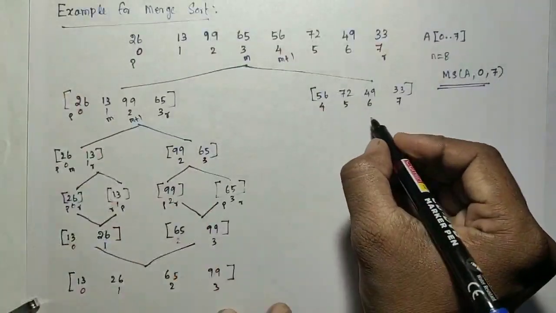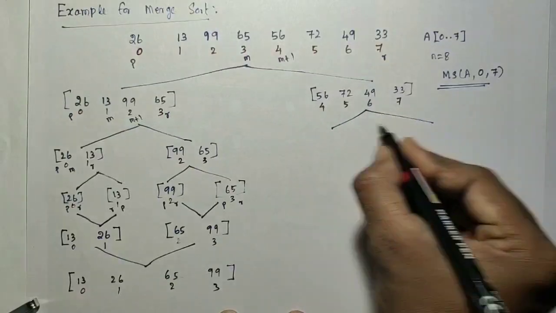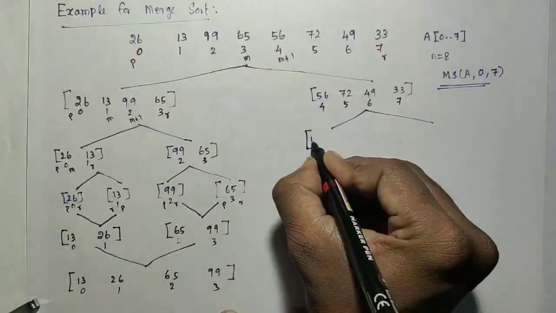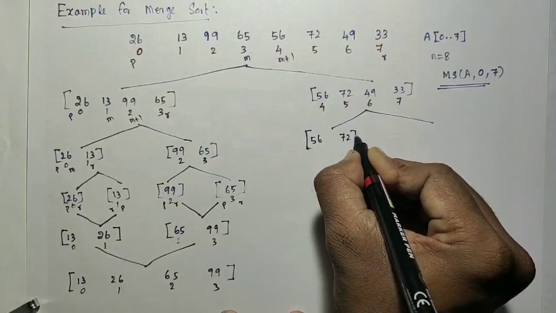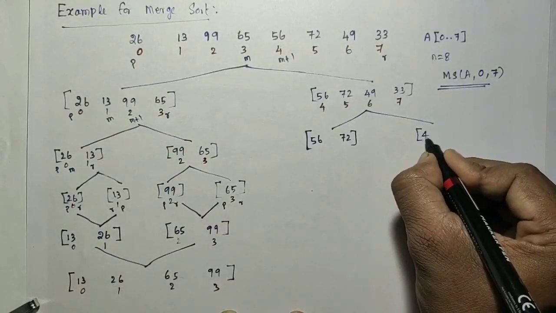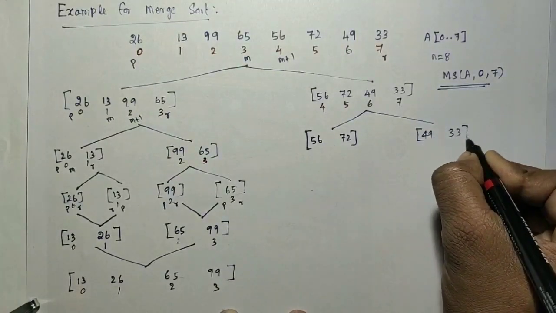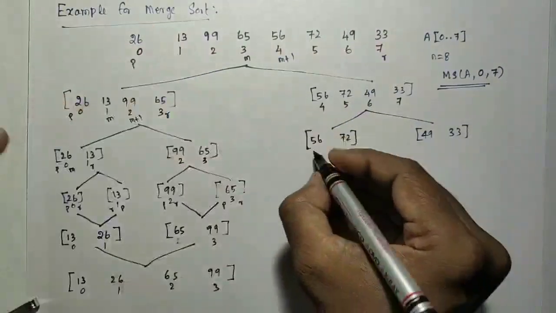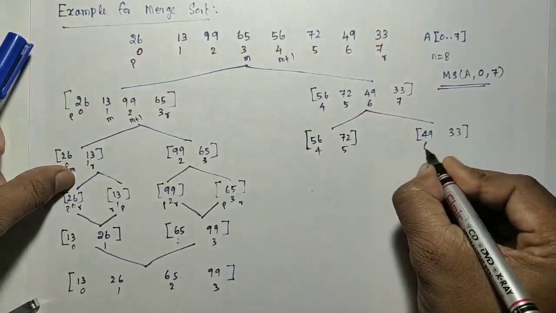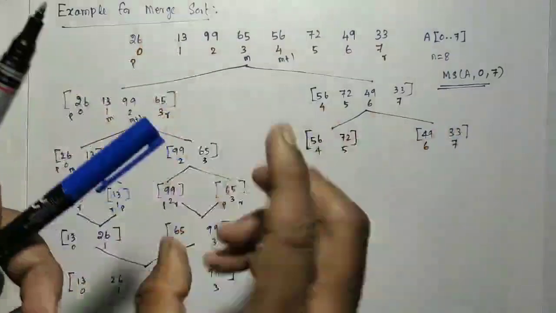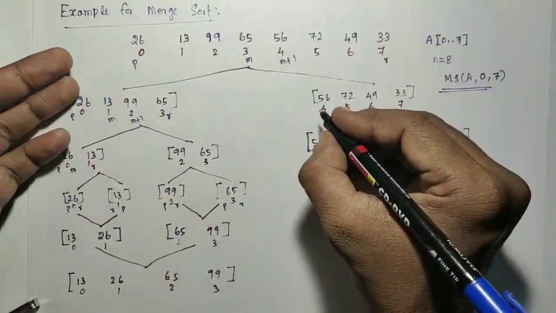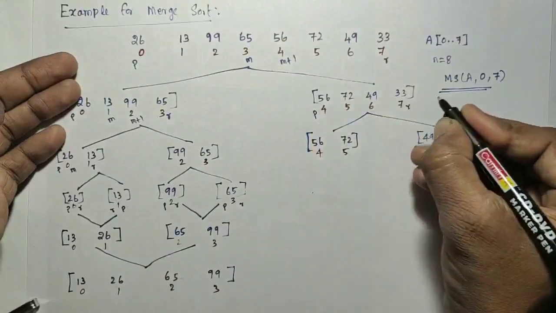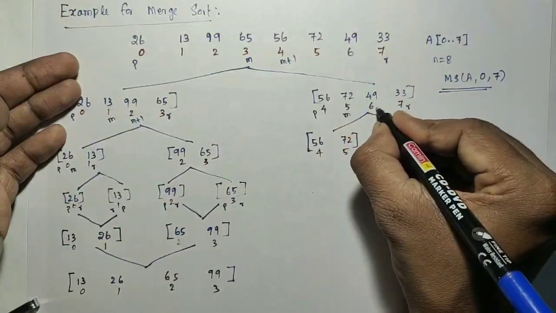It means I have to split into two. One is 56 and 72, another one is 49 and 33. Indices 4, 5, 6 and 7, and here this is L, this is P and this is R, and this is M and this is M plus 1.